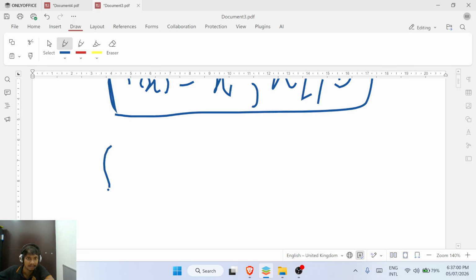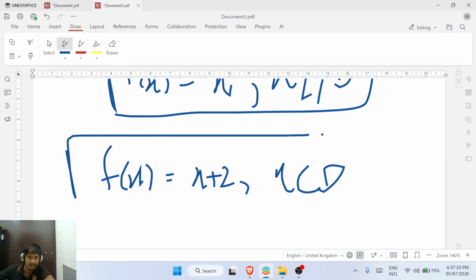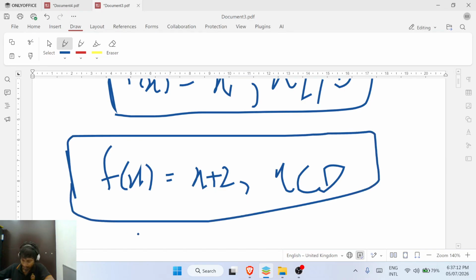Let's write this. f of x is equal to x plus 2 when x is less than 0, that is, x is minus.